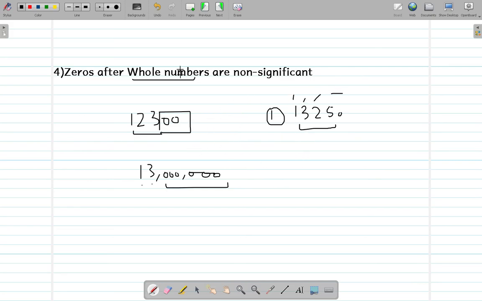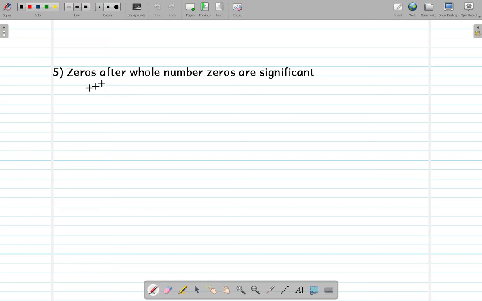Now moving on to our last rule, which says that zeros after a whole number and a decimal are significant. What does this actually mean? Whole number zeros is, for example, 12,300. Now if there's a decimal point after here, then automatically these zeros become significant.